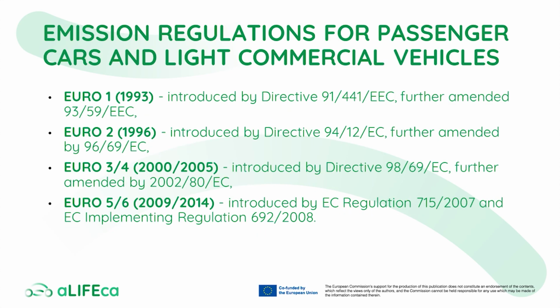Emission limits were first regulated by Directive 70 of 2004, later replaced by EC Regulation 715 of 2007. Regulation 631 from 2019 of the European Parliament and of the Council applies to new passenger cars and new commercial vehicles.